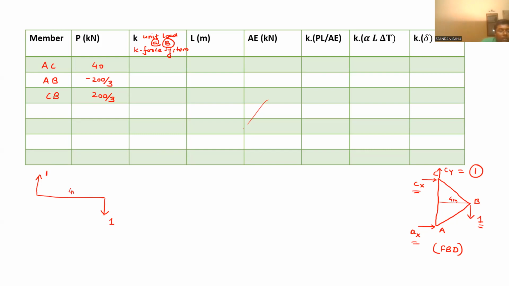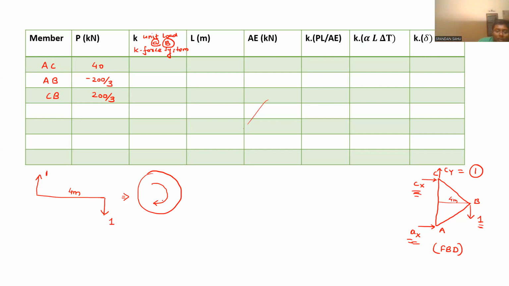So they are making a clockwise couple. So this Cx and Ax, the values will be such that this clockwise couple will be neutralized and the complete structure will be in the state of static equilibrium.